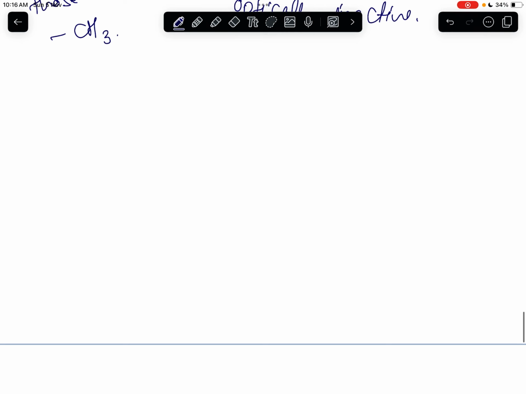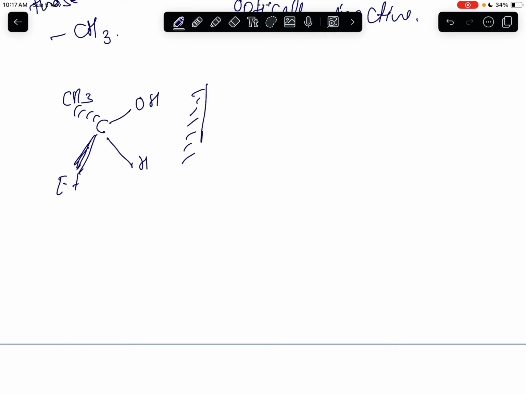Let's see another example. Suppose this is the compound, and I am not repeating the same thing because the dark wedge represents out of the plane and the dash represents inward of the plane, OH and H are in the same plane. We make again the same mirror image, so the image will be like this.